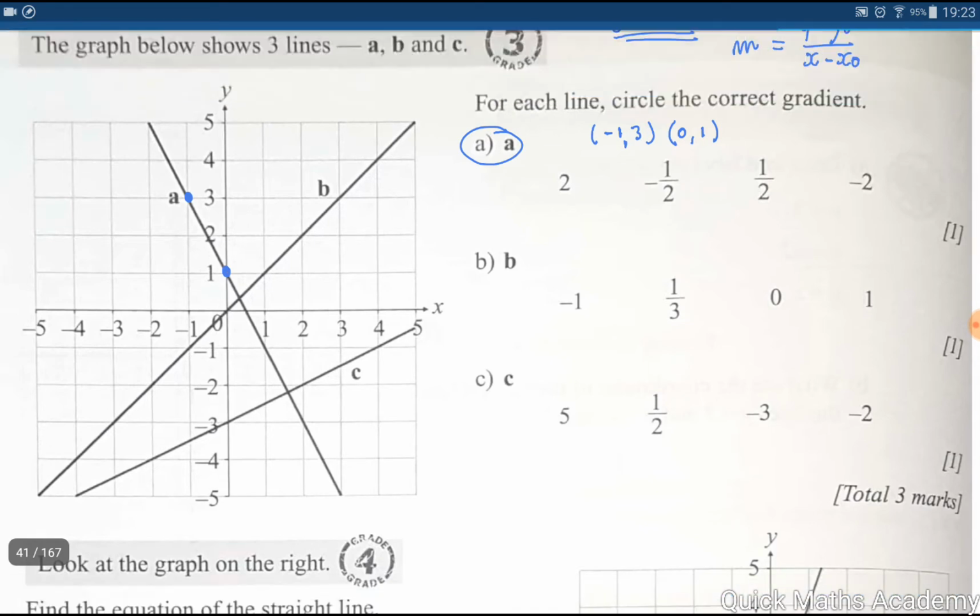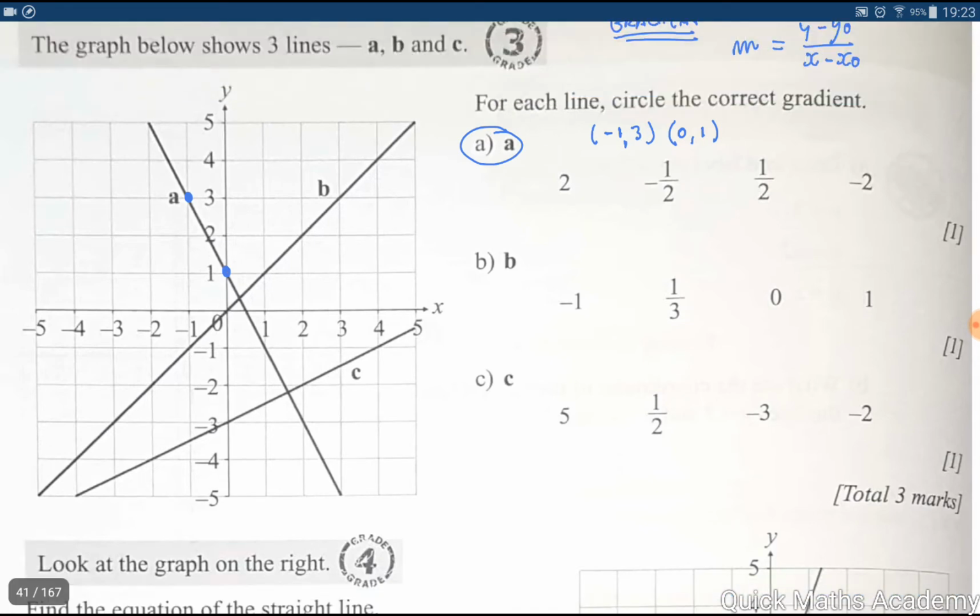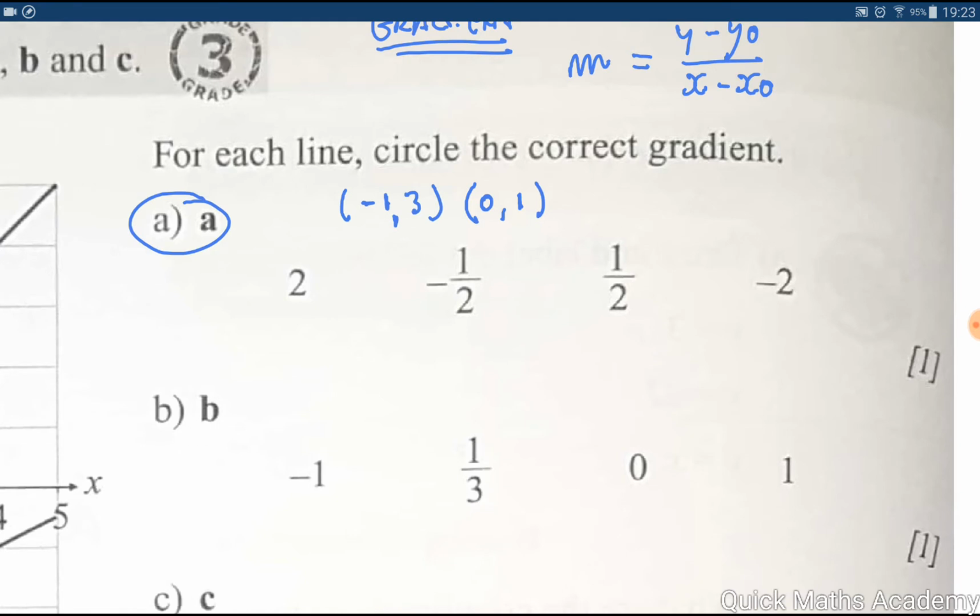To do this, what I do is my m equals y minus y0 over x minus x0. Those are my points x0, y0 and x, y.